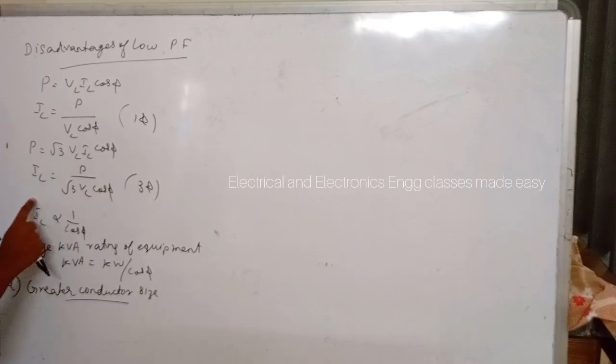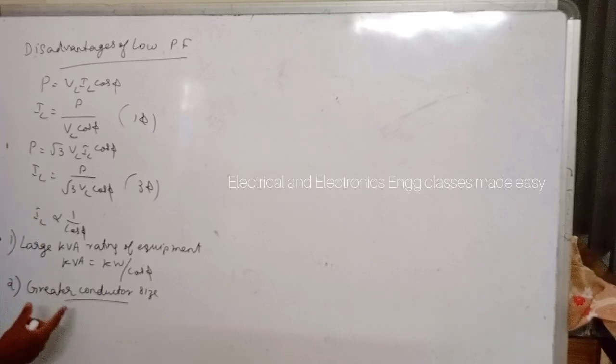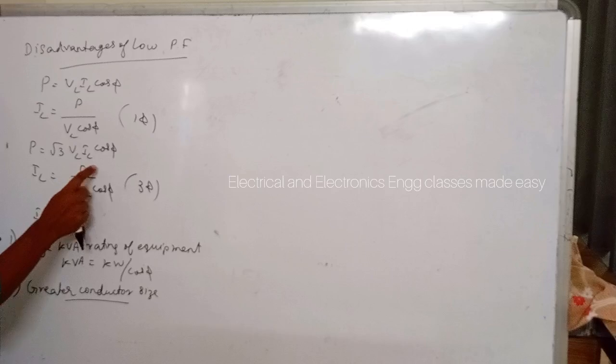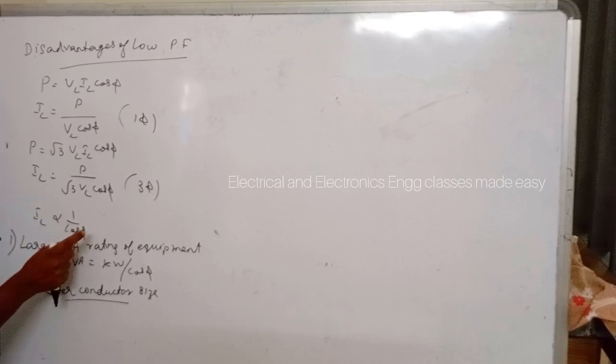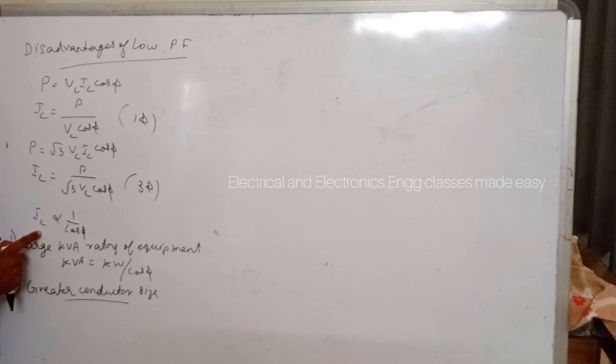That is, from this equation we know that if the power factor is low, then the load current will be large. So to transmit or distribute a fixed amount of power at constant voltage, the conductor will have to carry more current at low power factor, and this necessitates large conductor size.